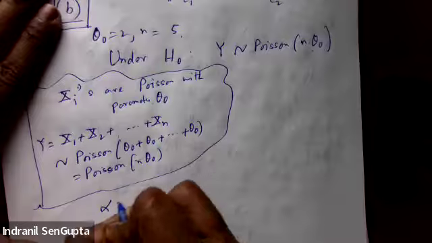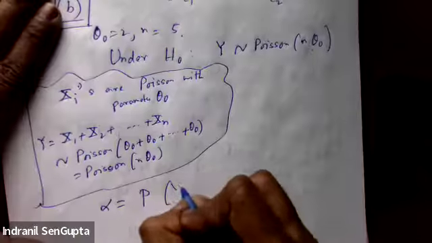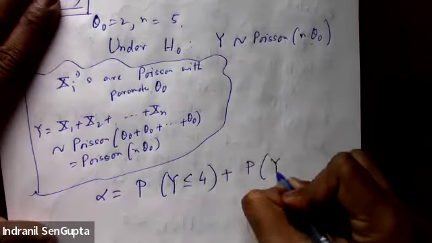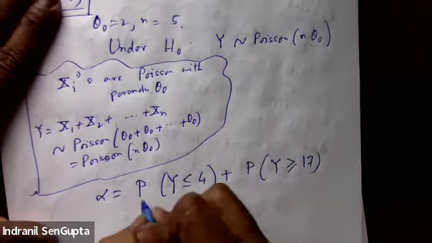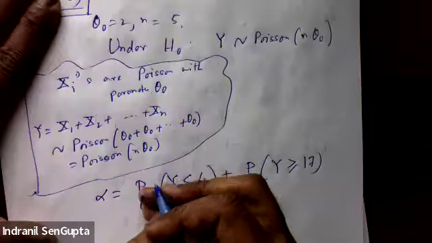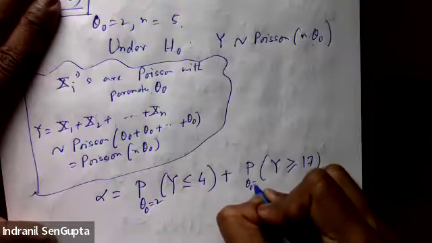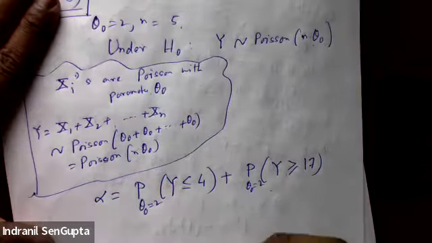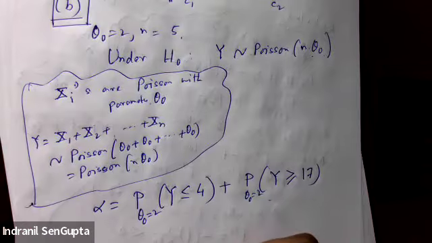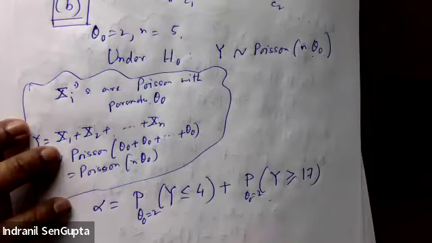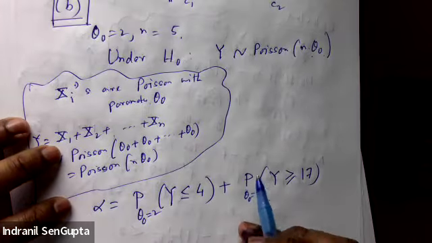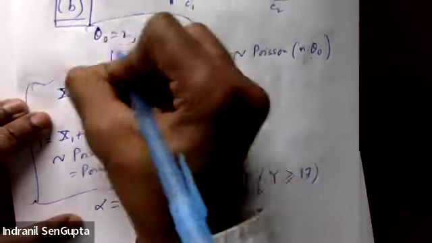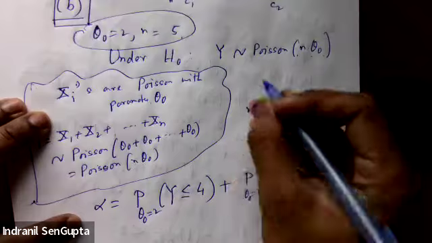So what is the alpha? Alpha is, under the null hypothesis, we want Y less than 4 and Y more than 17. So this is under theta 0 equals 2. That's the null hypothesis, right? Now, in this case, n is 5 and theta 0 is 2. So n theta 0 is 10.